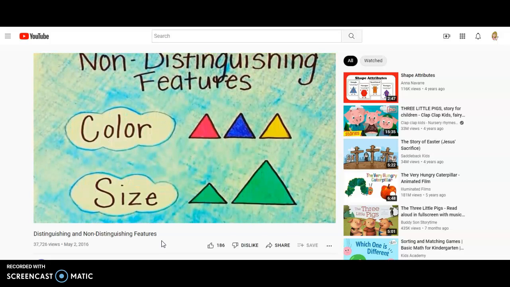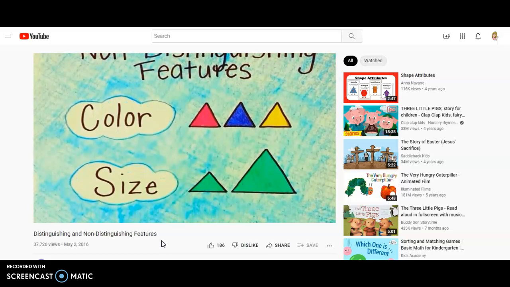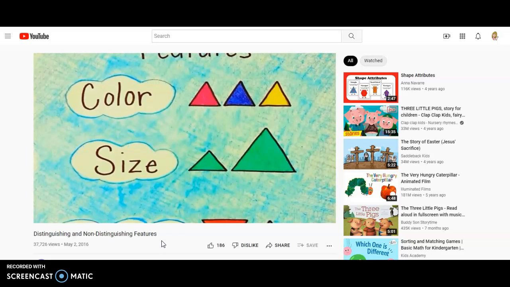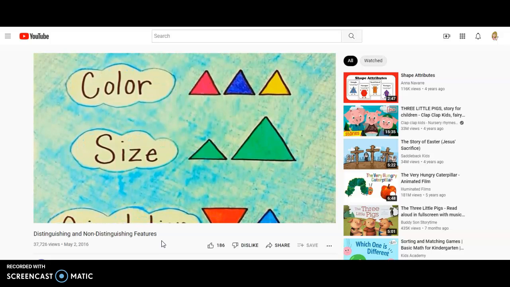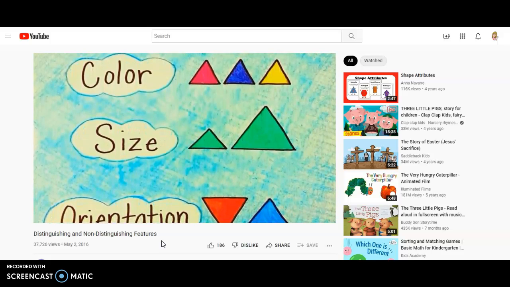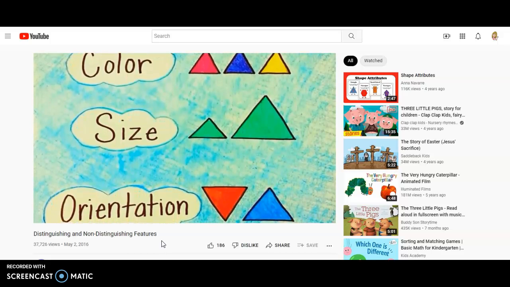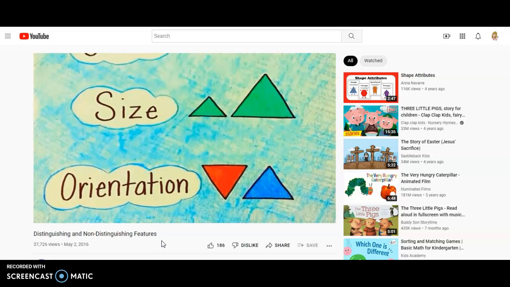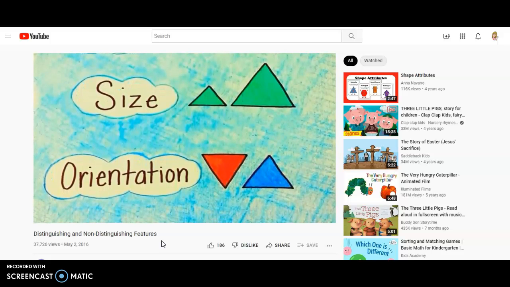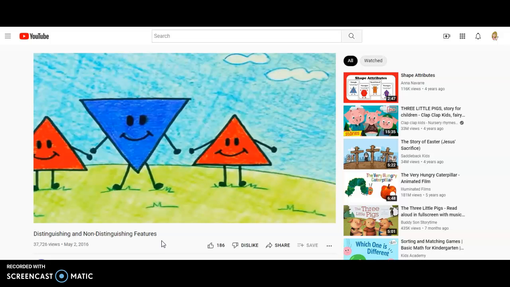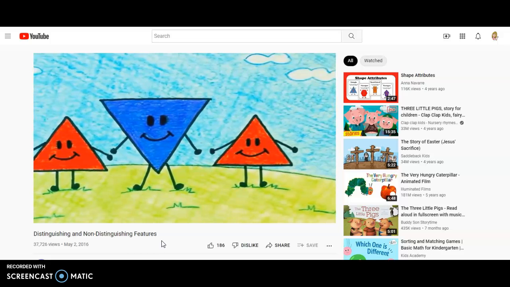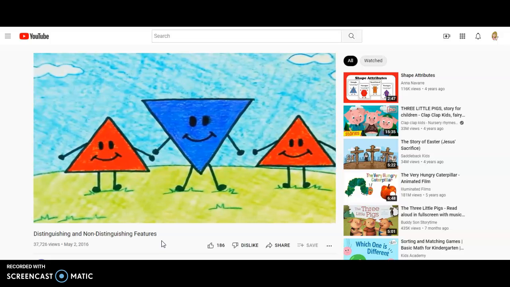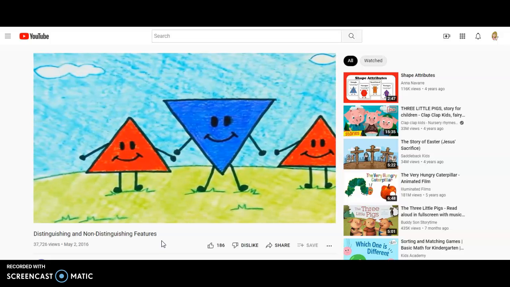Non-distinguishing features are characteristics that do not make shapes unique, like color, size, or orientation. It does not matter if it's blue or pink, big or small, or which way it's facing. If a shape has three sides and they connect at three corners, then it's a triangle.